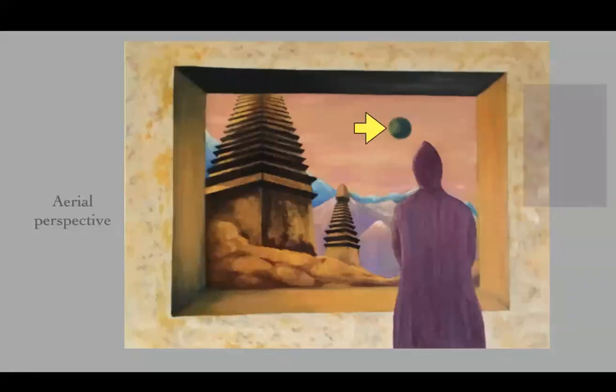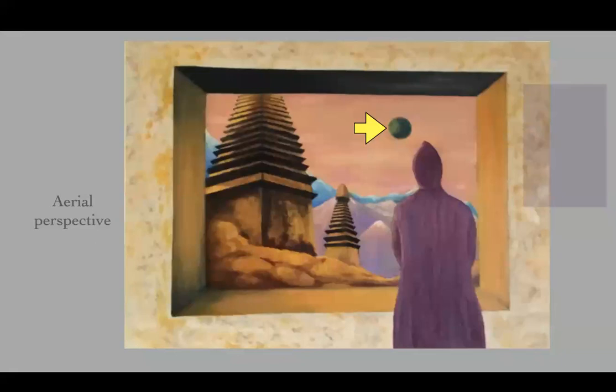So the first thing we're going to do is look at the globe here. And I have this little box up on the right-hand side to remind us about what happens with aerial perspective. Aerial perspective, and we'll look at this a little more later too, but it's not linear perspective. Linear perspective is the lines, you might see the example of the train tracks going down, receding to a point in the distance.